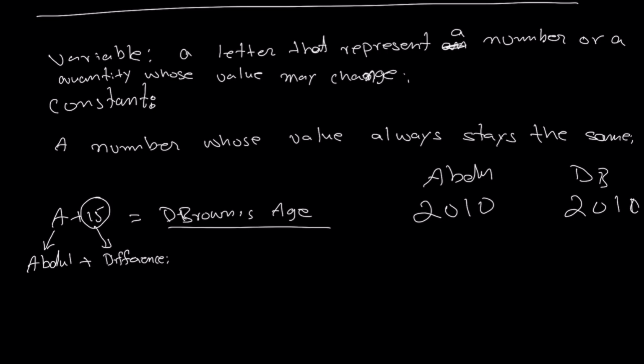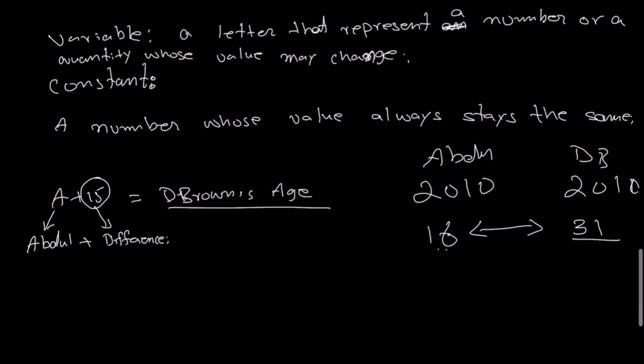So in 2010, if I'm 30 right now, I was 16 and he was 31. What changed was that our ages were different. The difference was the same. We still had the 15 years of gap between me and him. After 14 years, I became 30 and he became 45. So that becomes a variable.